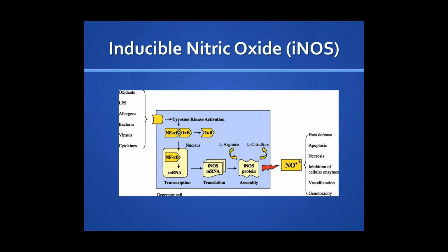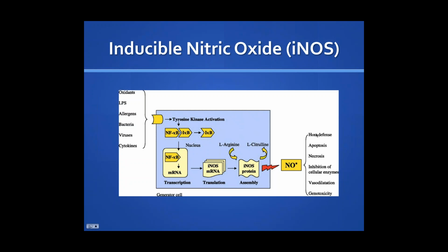So again, we have the promoters of NF-kappa B, which are oxidants, lipopolysaccharides, allergens, bacteria, viruses, and cytokines, which will turn on the tyrosine kinase activity, which then activates NF-kappa B, which goes through transcription, translation, and assembly, and in response, we make the nitric oxide over here.